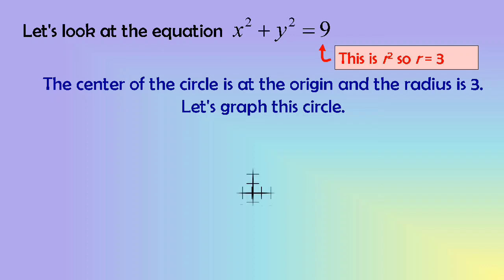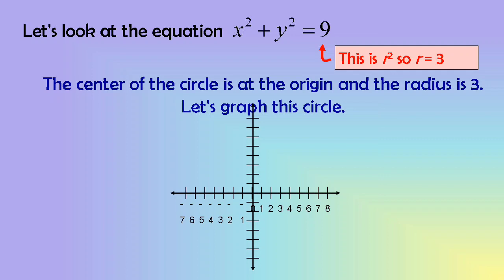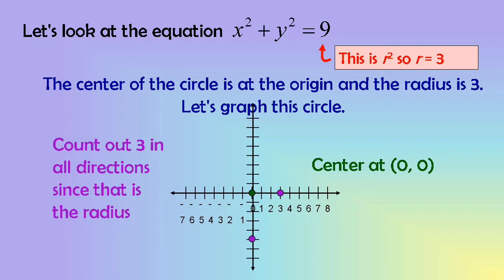Now, let's graph this circle. Using this Cartesian coordinate system, the center of this circle is at the point of origin, which is (0, 0), and count out 3 in all directions since that is the radius, and sketch the graph. So that is the graph of x raised to 2 plus y raised to 2 is equal to 9.